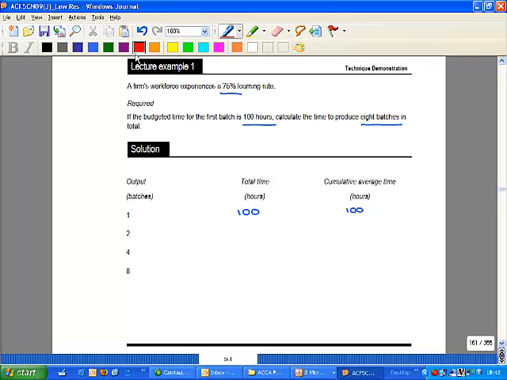When our output doubles, we make 2 batches, the cumulative average time falls to 75% of what it was. So that would take us an average of 75 when we made 2. Remember, that is just an average, so to find the total time, we would need to multiply that by 2 to give us 150 hours.